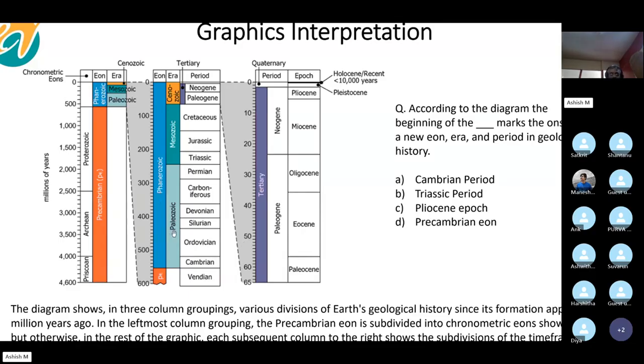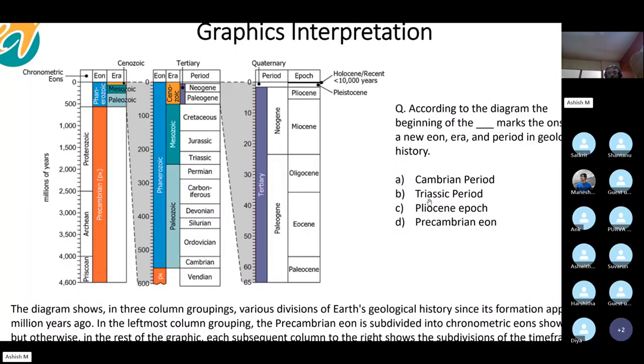Absolutely, Paleozoic. Mind you, when we are talking about Cambrian period, we are talking about this line, right? Because this is where it started. Mind you, this is where it ended, correct? So the start of the Cambrian period marks the start of a new eon. It marks the start of a new era. And obviously it marks the start of a new period because Cambrian period itself is a period. So yes. Now clearly alpha is the answer.